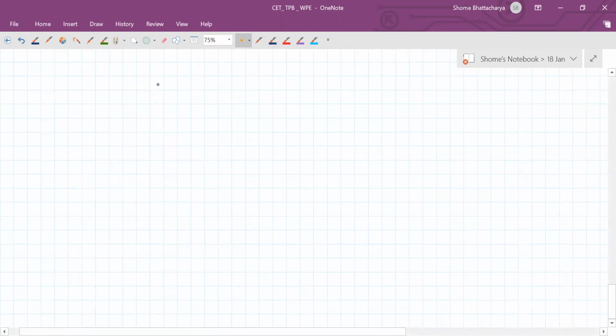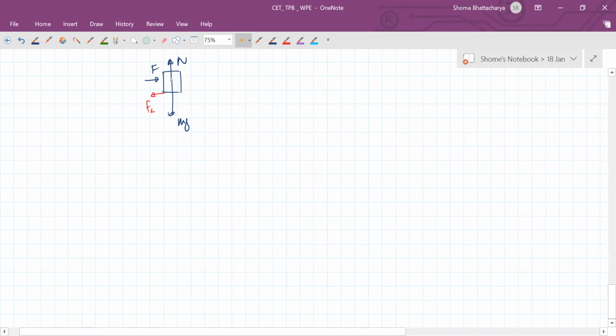Okay, so next part, let's understand what's happening. All the forces, if you see now, acting on this block: apart from this external force, there is kinetic friction, normal reaction, and mg acting.